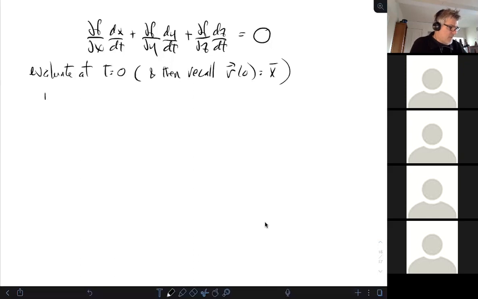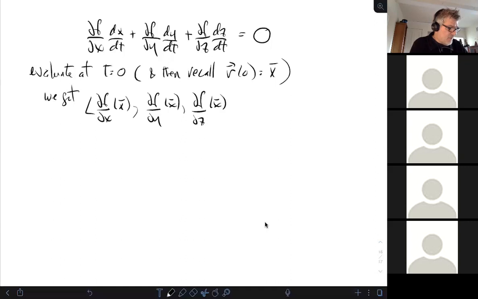So this is just the dot product. This is del f del x at x bar, del f del y at x bar, del f del z at x bar, dot dx dt at t equals 0, dy dt at t equals 0, dz dt at t equals 0.